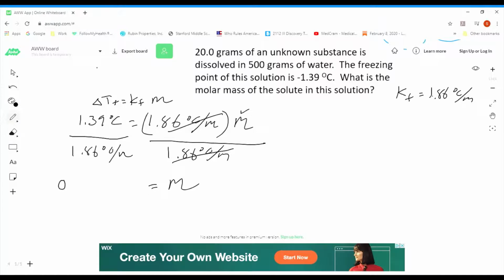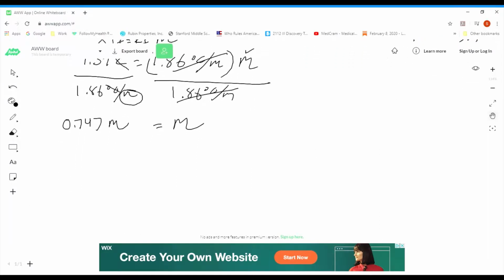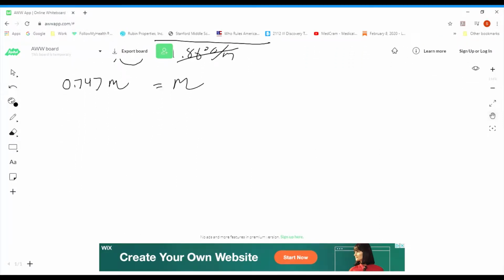The answer is in terms of molality, because the degrees Celsius here cancels with the degrees Celsius here, and leaves you with 1 over molal. And once again, the denominator of the denominator moves to the numerator. So now we have our molality. Now that we have molality, I'll move this up with our molality there and figure out how many moles of solute there is in there.